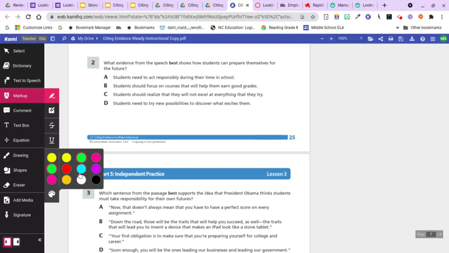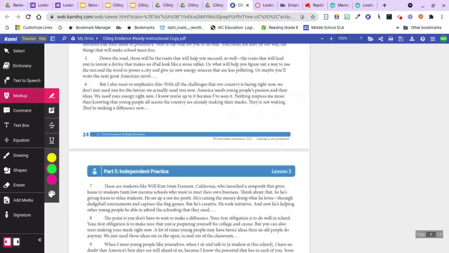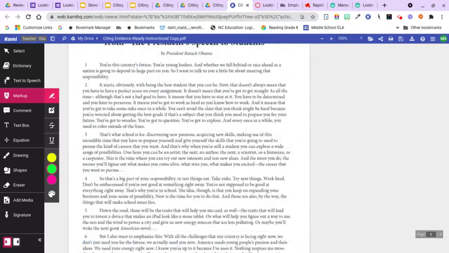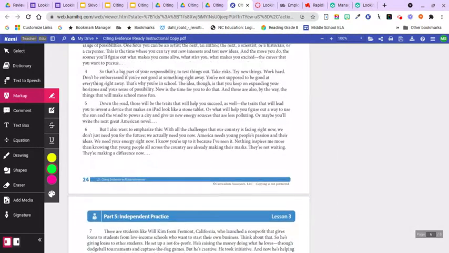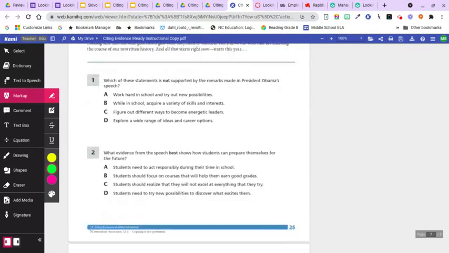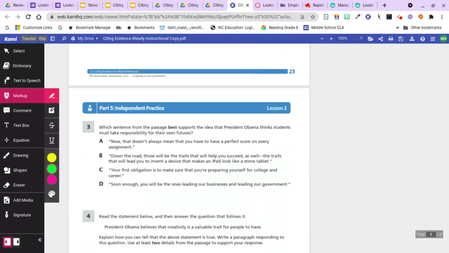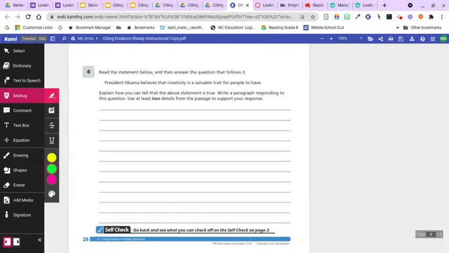And for number 3, I want you to use a third color. That way you're not having to write your evidence, because I know you don't like to write because you're lazy like that. But I want you to highlight the evidence that supports your answer in 3 different colors for the 3 different questions.